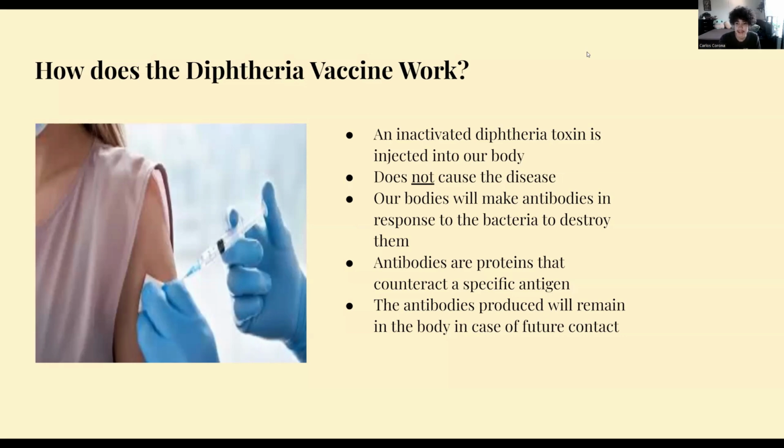This just causes our bodies to begin making antibodies in response to the bacteria, so that the antibodies can destroy the bacteria now and any time in the future that the bacteria is exposed to us. The antibodies are proteins that counteract a specific antigen. The antigen is the diphtheria, and the antibodies produced will remain in the body in case of future contact.